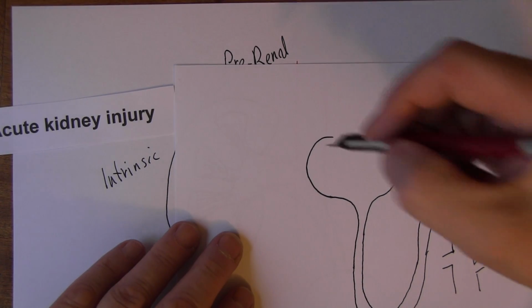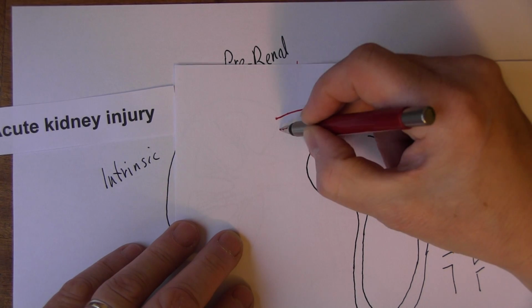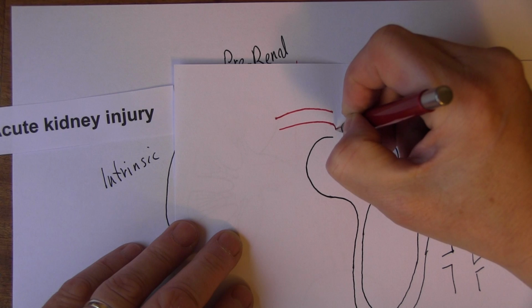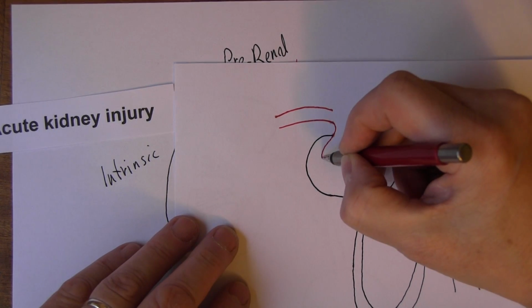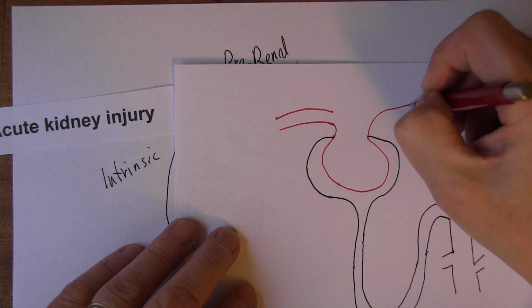But going into the kidney, or going into the glomerulus here, we have the afferent arteriole, and these are going to go round. They form the ball of capillaries called the glomerulus.